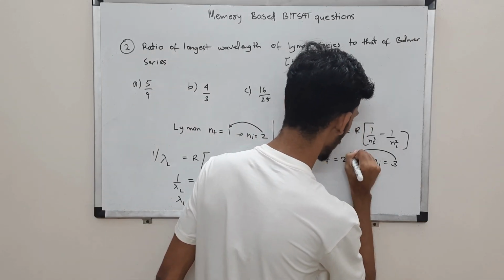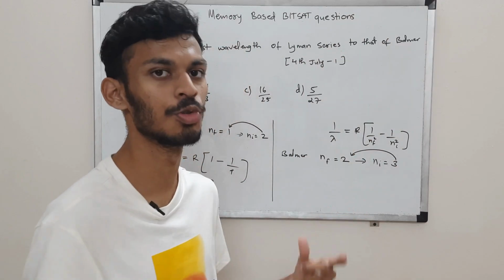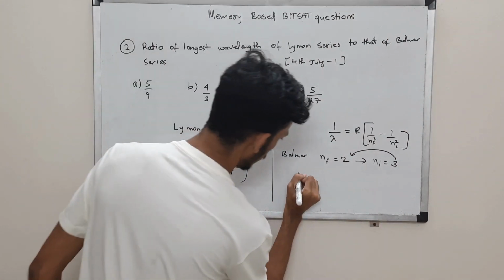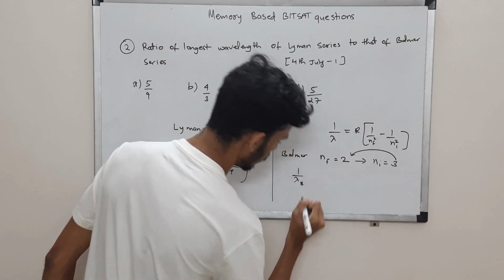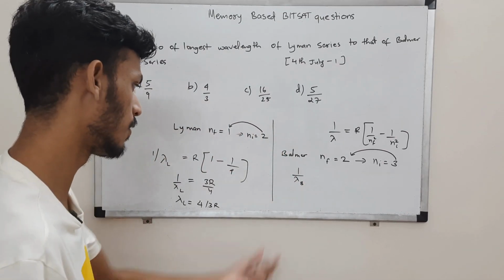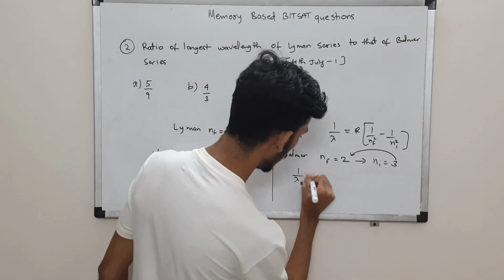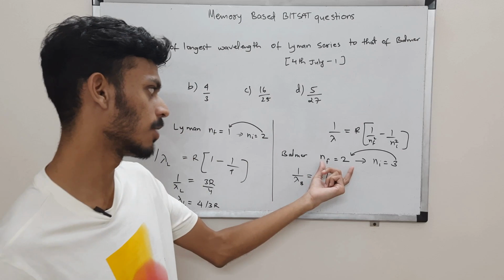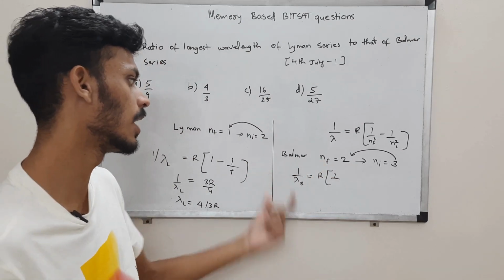So from 3 it will come to 2. Next one will be 4 to 2. So this is the shortest one, 3 to 2, right? So let's find out the maximum wavelength for Balmer series, so I'm using lambda subscript B. So that will be R into 1 upon n final square, so 2 square is 4.